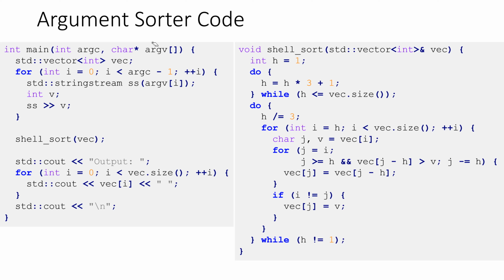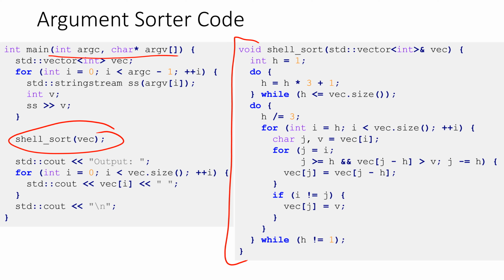What the code is trying to do is take this data from the command line, put it in a vector of integers, and pass it to a sorting function called shell sort. What is shell sort? Shell sort is a sorting function that you haven't been taught. It's kind of like quicksort.